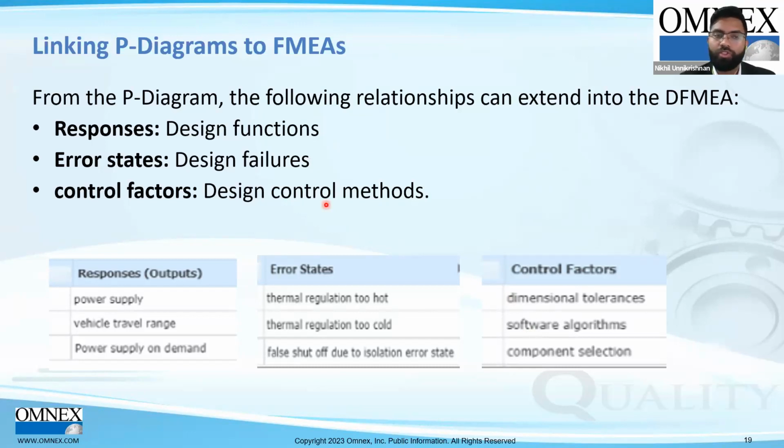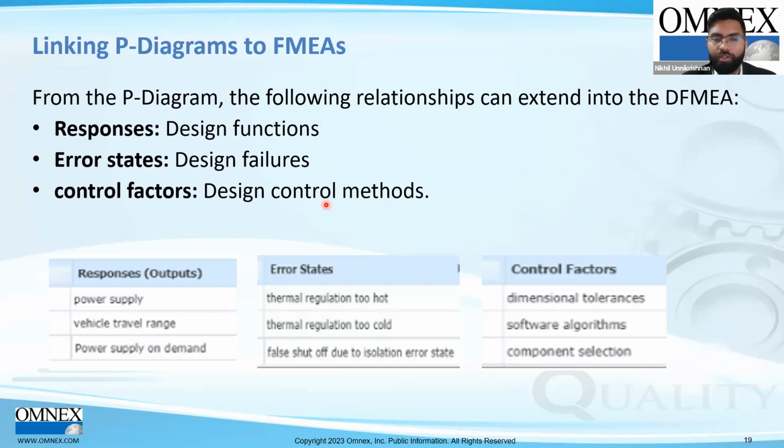So this way, P diagrams and DFMEAs can have that strong linkage between each other. In fact, that's one of the principles we've implemented within ACOPRO and how requirements flow down to functions, that there is that exchange going back and forth between the P diagram and the DFMEA if you choose to do that. Now, of course, this is optional.